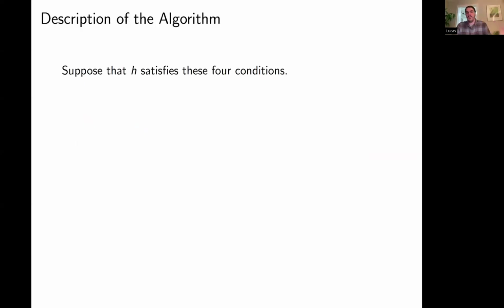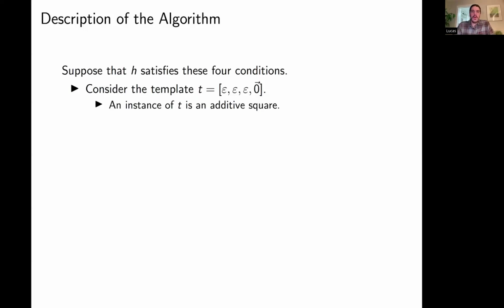So basically, if you have a morphism H that satisfies these 4 conditions, then you look at the template for an additive square. So we've got 3 letters epsilon, two blocks W0 and W1 with difference in their lengths and sums being 0. An instance of this template is an additive square.